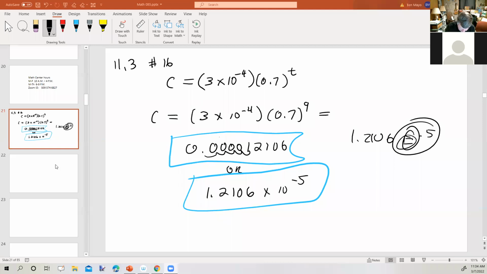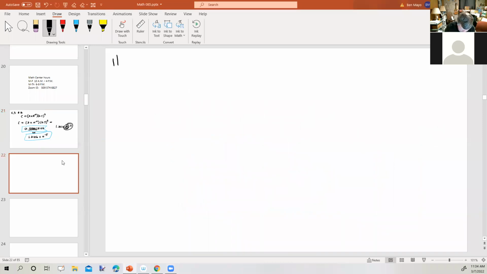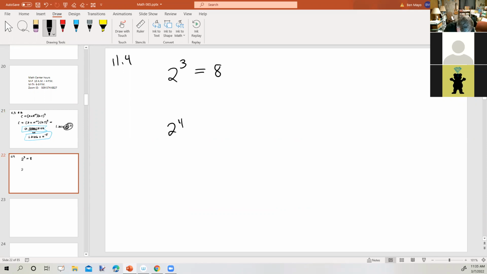Okay, so continuing on, we'll take a look at section 11.4. Now, let's see. Are we back to the whiteboard? Yes? Thank you. Okay. 2 to the 3rd power equals 8. 2 to the 4th power equals 16.